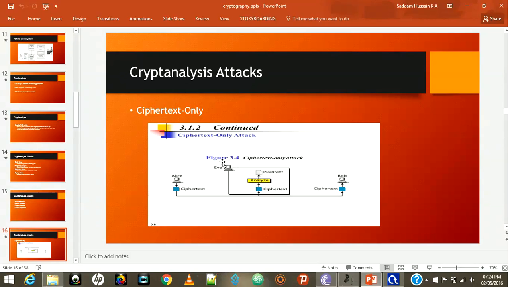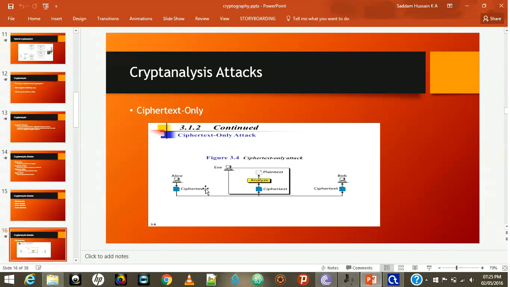For example, we have Alice and Bob, and Eve is the one who attacks the message sent by Alice to Bob. First Alice encrypts the message and sends the ciphertext to Bob.